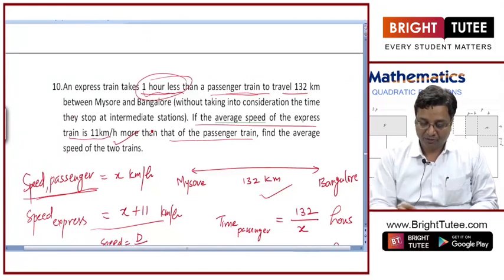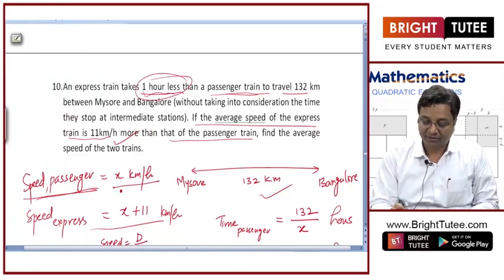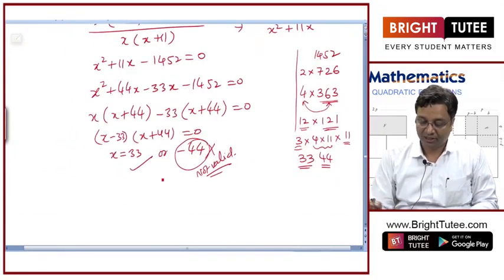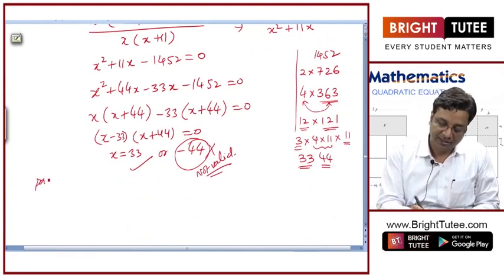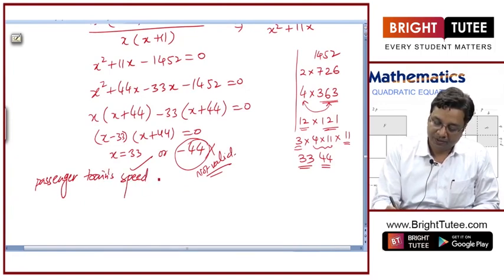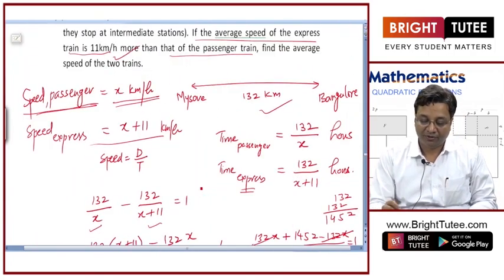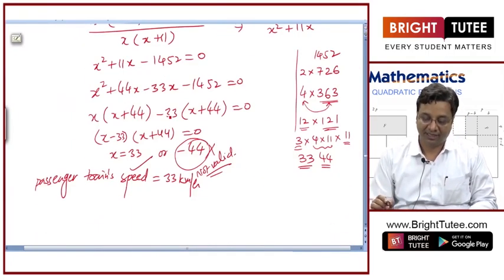So the speed of the passenger train is 33 kilometers per hour. And what will be the speed of the express train? It will be x plus 11.